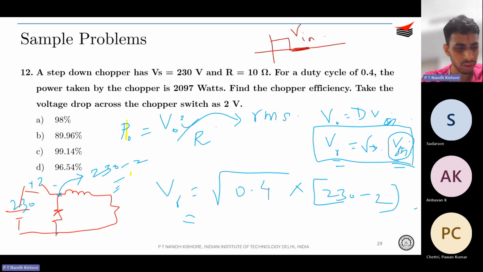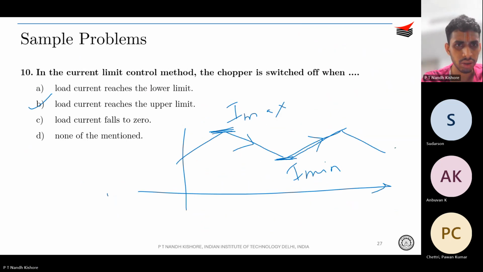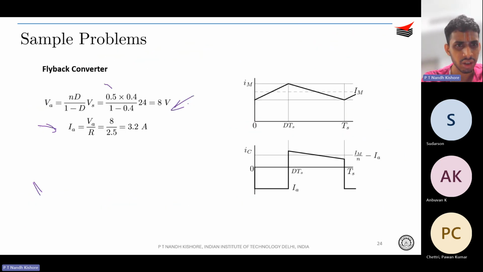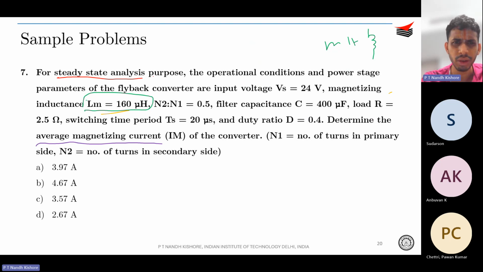Not in this question. Not in these questions actually. In this question, here also there was no mention of RMS, I guess.